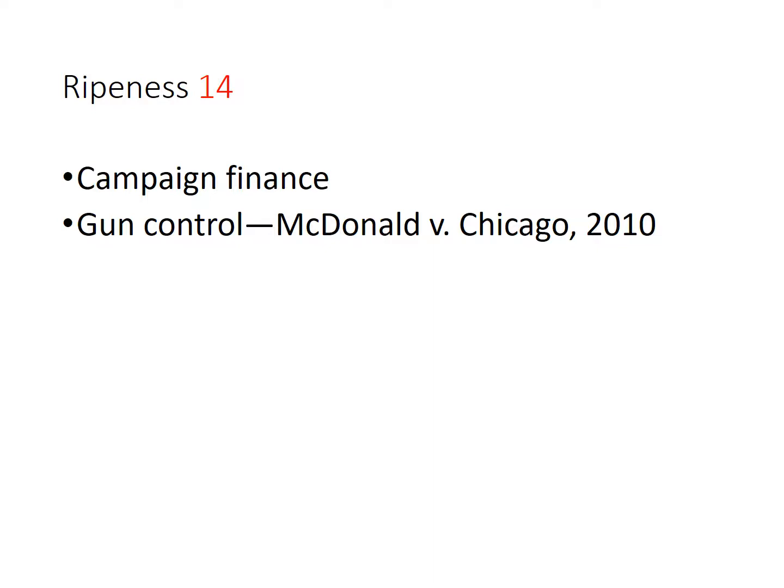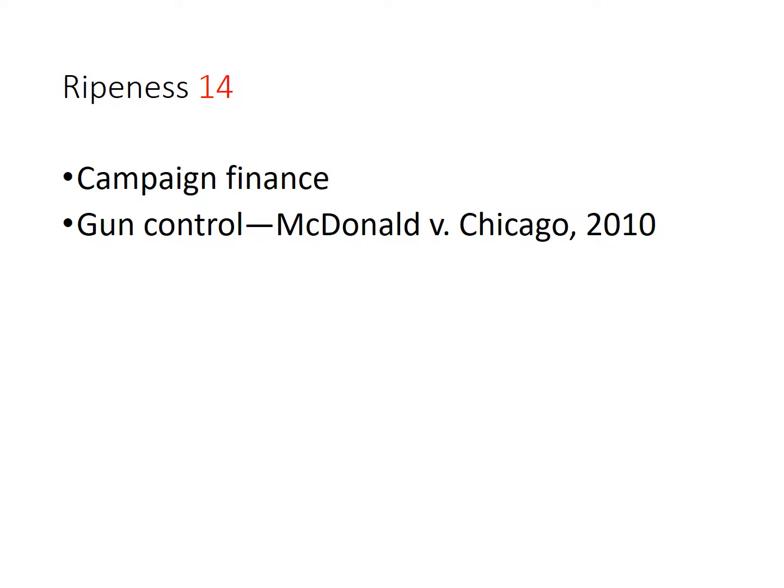So a ripe case, campaign finance laws, we covered that when we were looking at chapter 10, for example. And then gun control, and we looked at this in chapter 4 in our class, in the text, the Second Amendment.